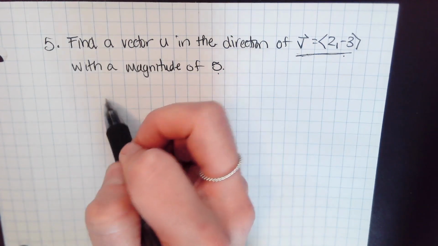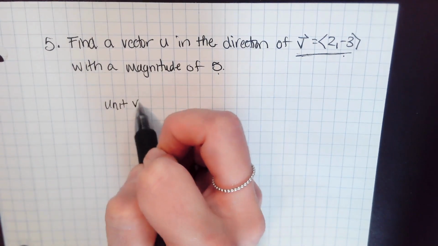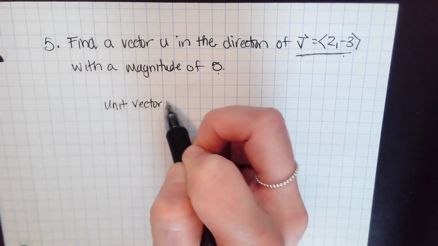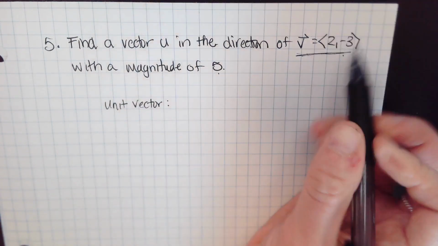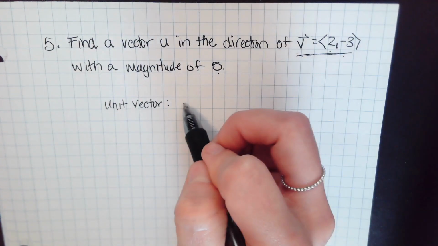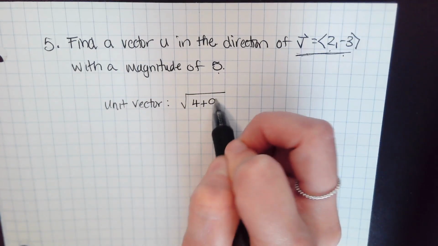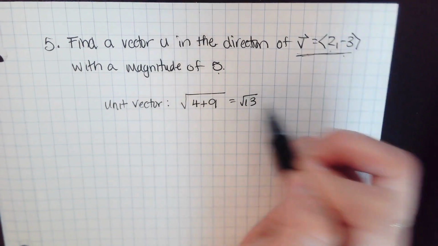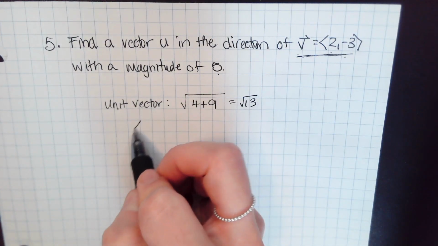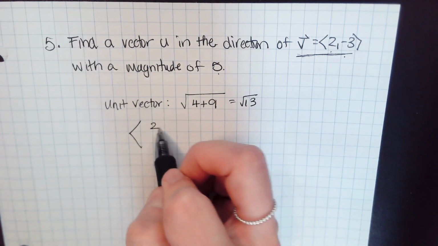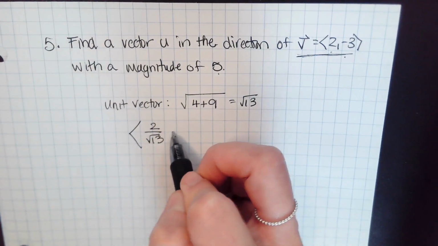All right, so you should have gotten for your unit vector, and I should see the work on your paper. So for the unit vector, you want to find your magnitude first. So the square root of 2 squared is 4, -3 squared is 9. So again, rad 13. And we'd want to divide the original vector by our magnitude.